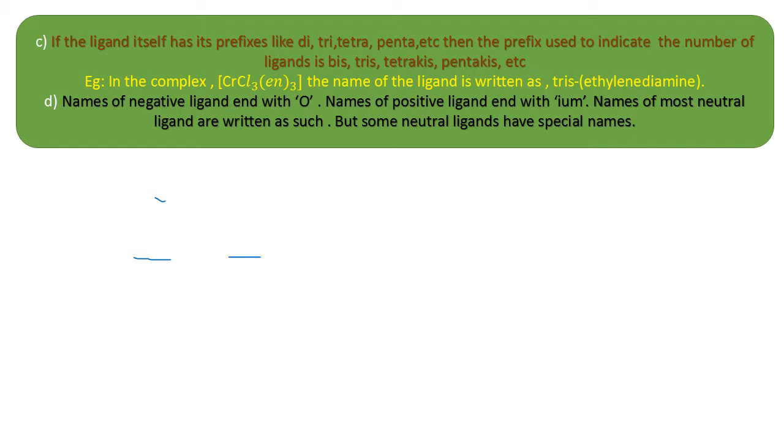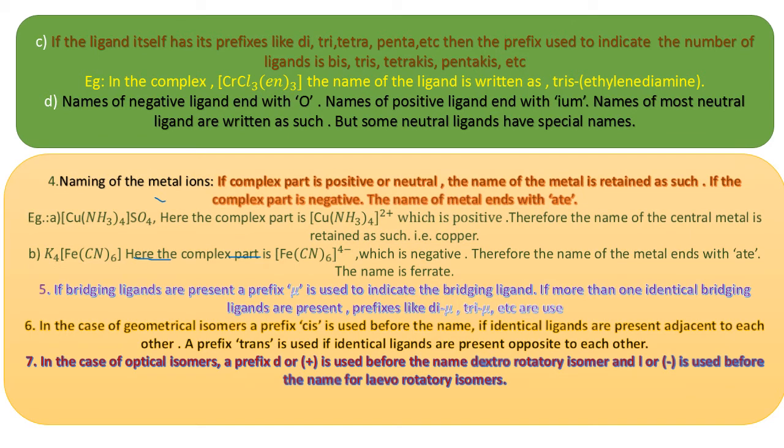Next one, naming of the metal ion, that is, naming of the central metal ion. If the complex part is positive or neutral, the name of the metal is written the same. And if the complex part is negative, the name of the metal ends with ate.